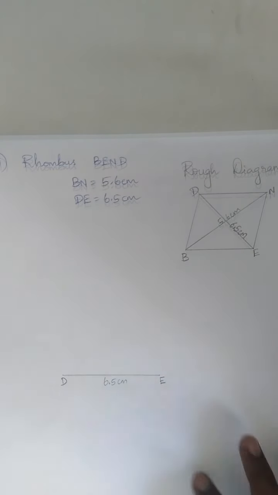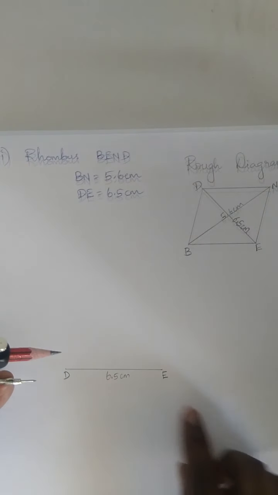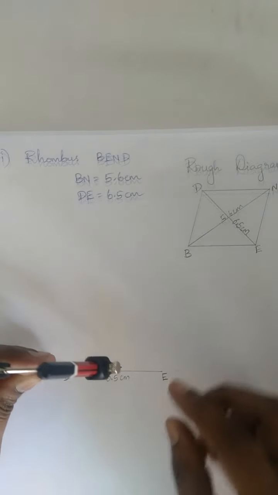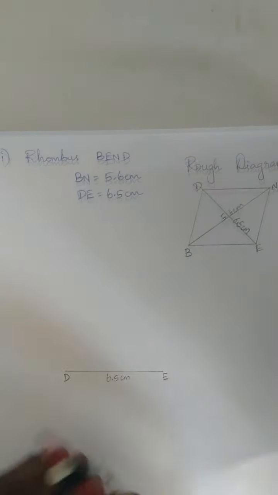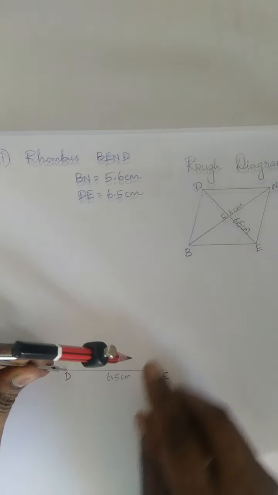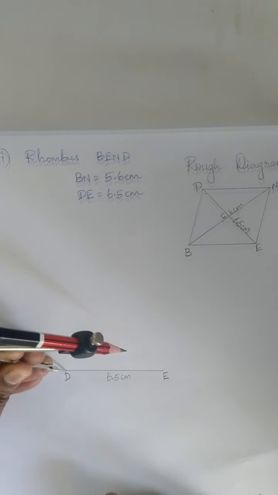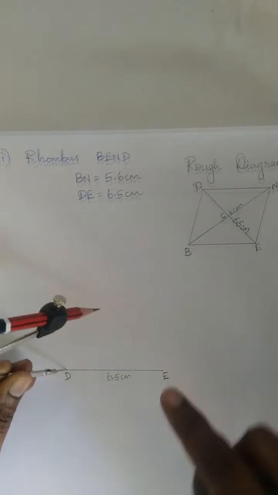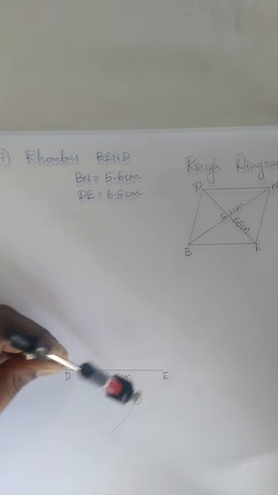How do we make a perpendicular bisector? Can you remember? We learnt already in class 6 and 7. So to make the perpendicular bisector of DE, let's take more than half of DE. From D make an arc above the line segment DE as well as below the line segment DE.